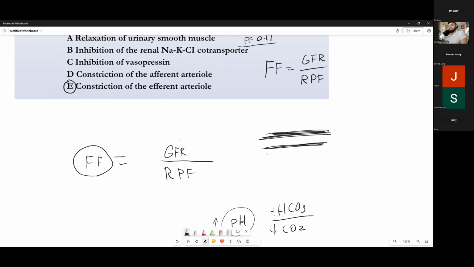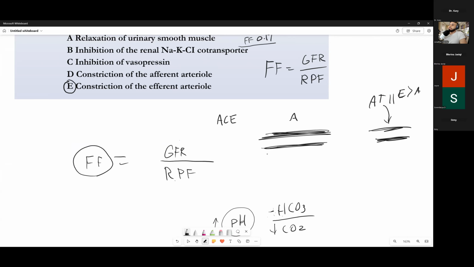ACE inhibitors dilate efferent arteries. Yes, they do. So hold on. You're saying constrict or dilate? Okay, good. Because why? Because angiotensin 2. So let's be very clear. Let's say this is afferent and let's say this is efferent. Angiotensin 2 constricts the efferent more than it constricts the afferent.